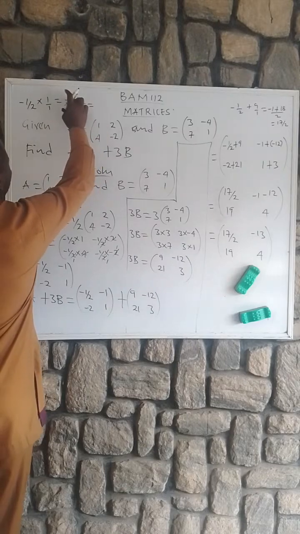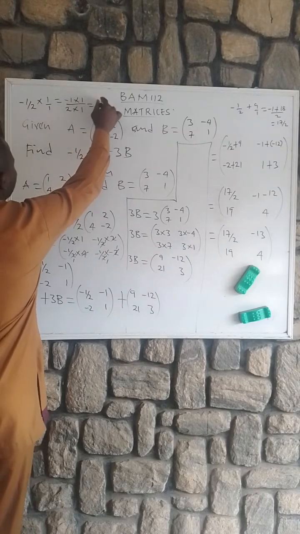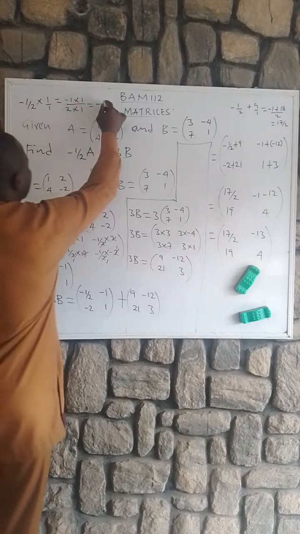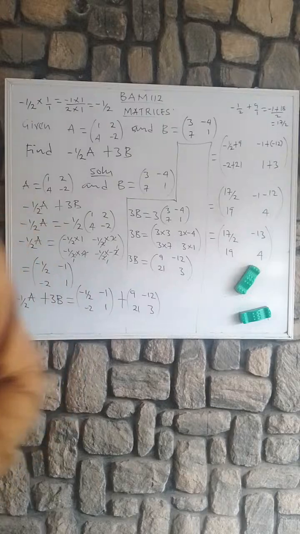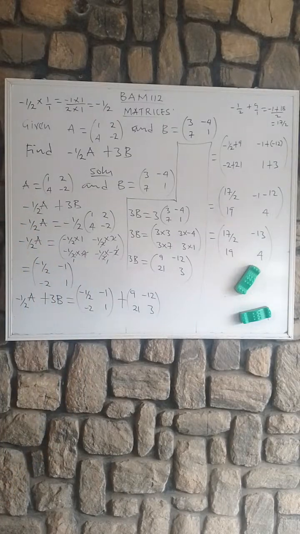It implies that minus 1 times 1 is minus 1, and 2 times 1 is 2. Do you understand? Are you seeing what I am saying?